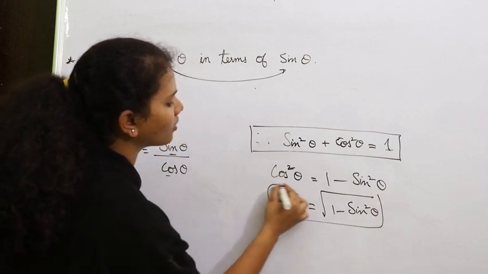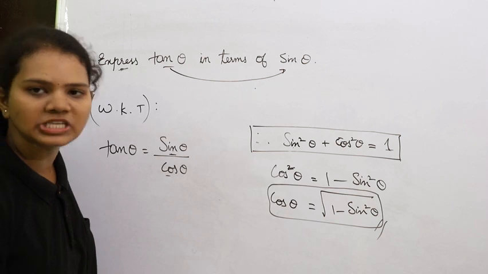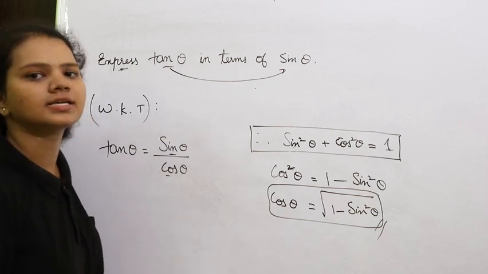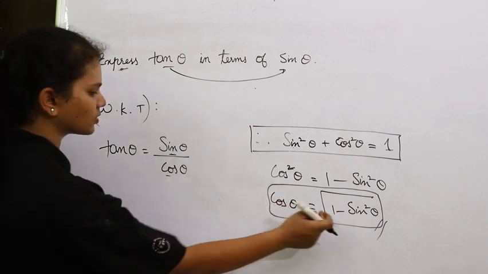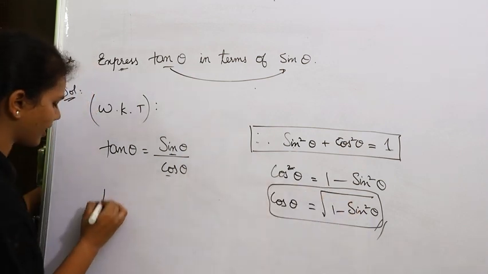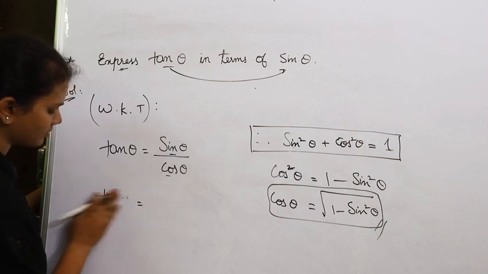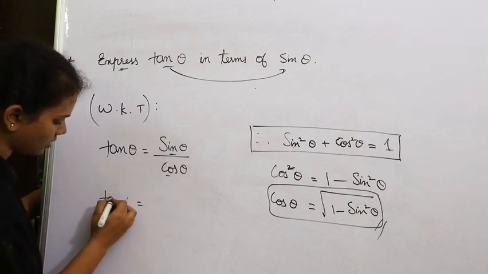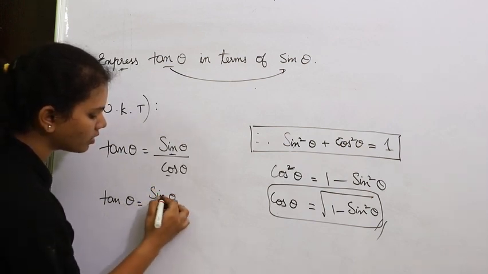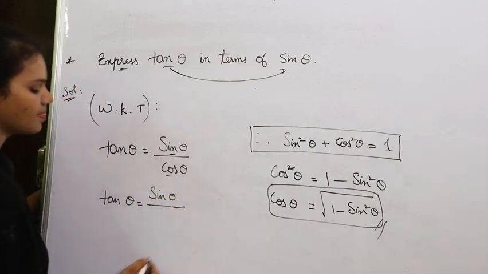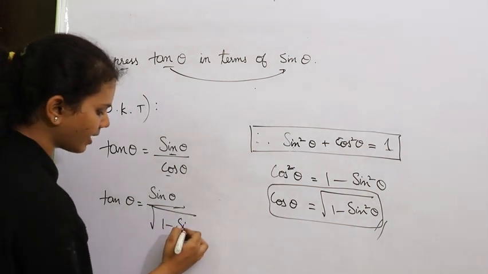So we got cos theta is equal to root of 1 minus sin square theta. So here I can say that tan theta is equal to sin theta by root of 1 minus sin square theta.